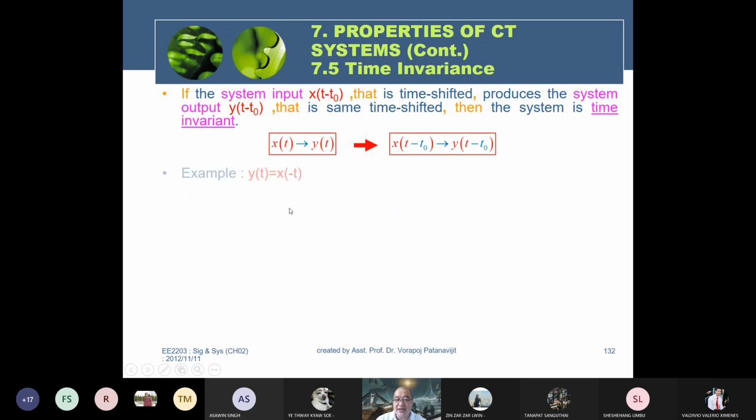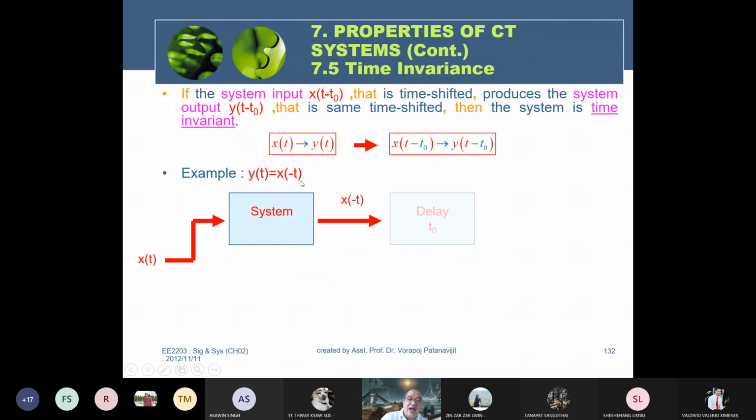But for another case, the time reversal, y(t) equals x(minus t). Is time reversal time invariant or not? Checking it first: process x(t), you get the time reversal, and you shift after that.